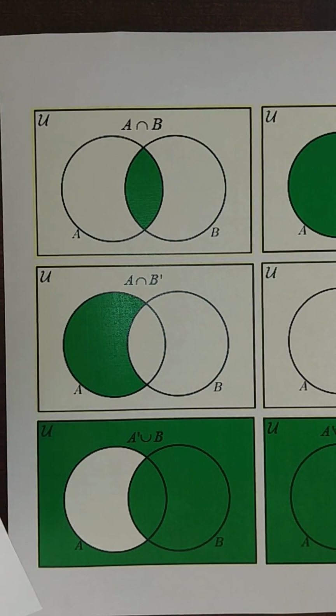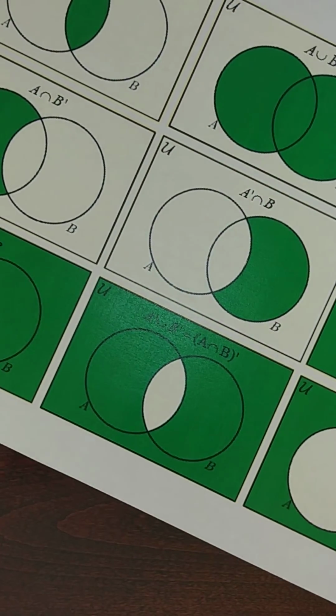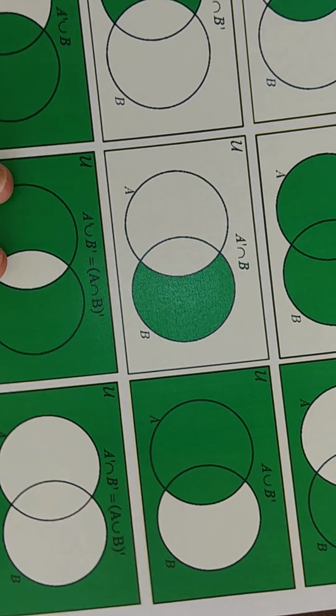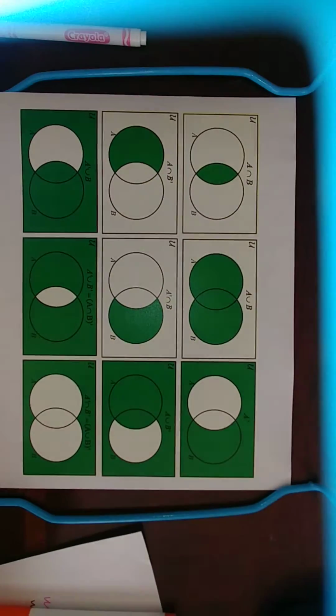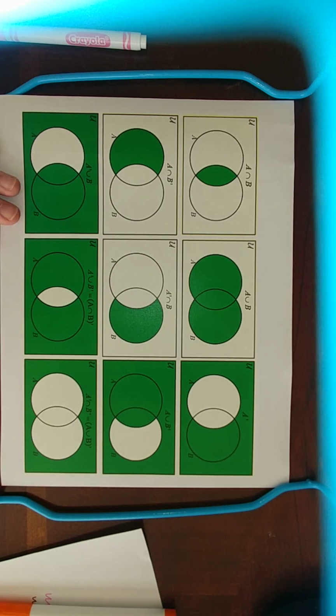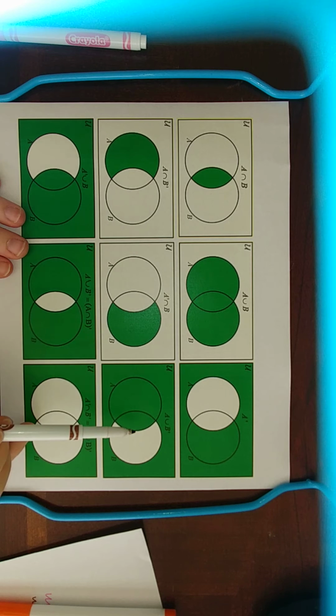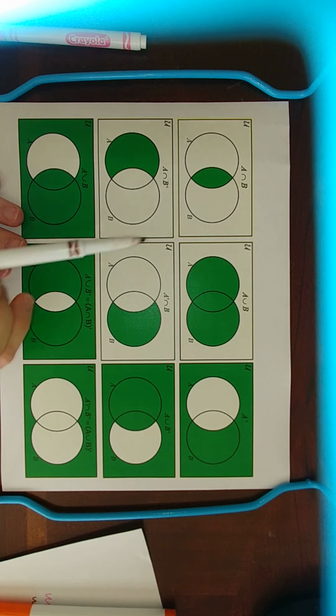At the end of this section of notes, I have provided for you a little cheat sheet, which shows all of the possibilities for uniting or intersecting sets.